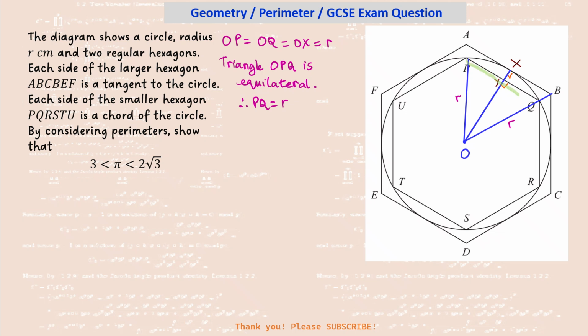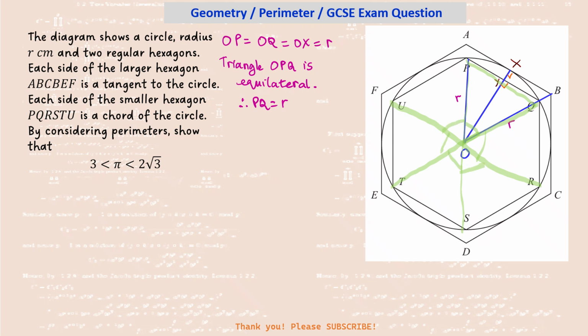The center of the hexagon, and if you were to join all these vertices, you would get 6 triangles. They're all equilateral, and the angle at the center around point O is 360 degrees, so each triangle will have 60 degrees.